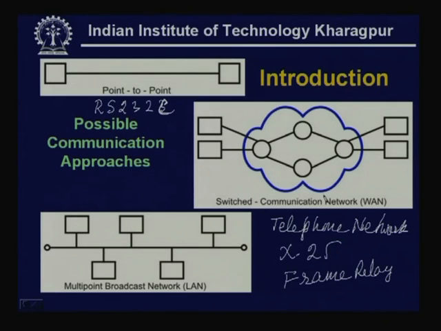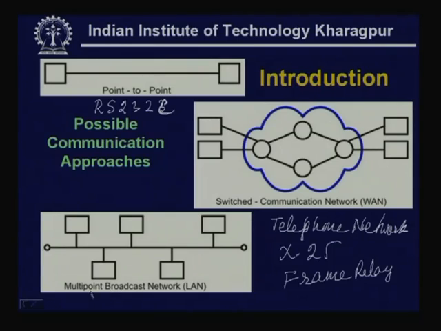We have also discussed multi-point broadcast networks like LAN, then satellite networks, then cellular telephone networks. So these are the three possible communication approaches we have already discussed in detail.